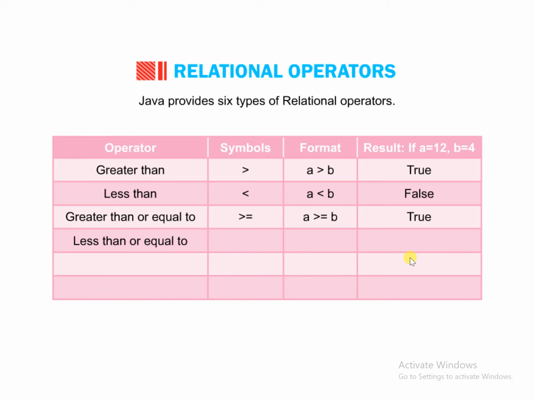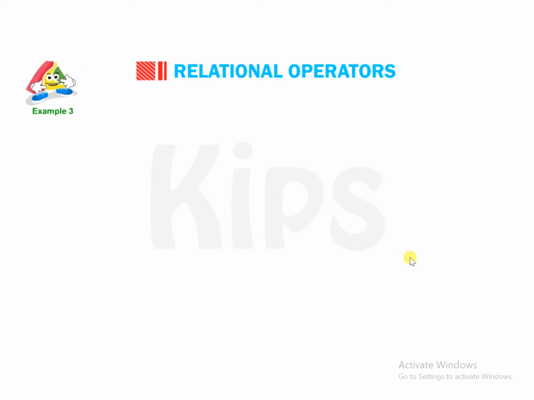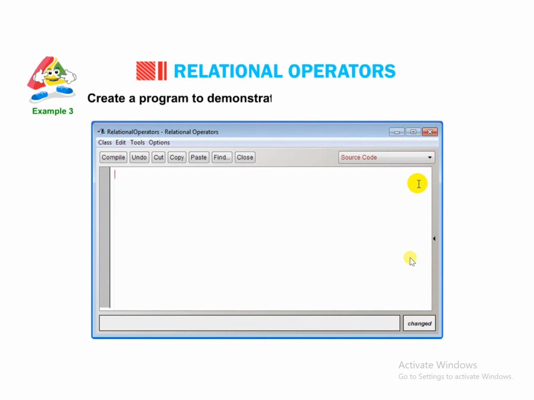Less than or equal to, symbol <=, A is less than or equal to B: true. Equal to, symbol ==, A equal to B: false. Not equal to, symbol !=, A not equal to B: true.